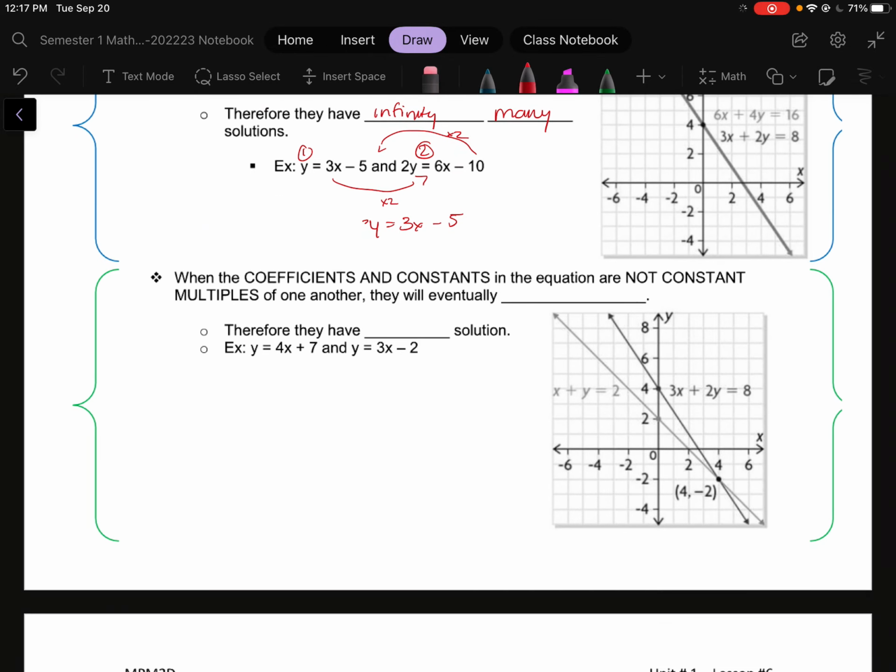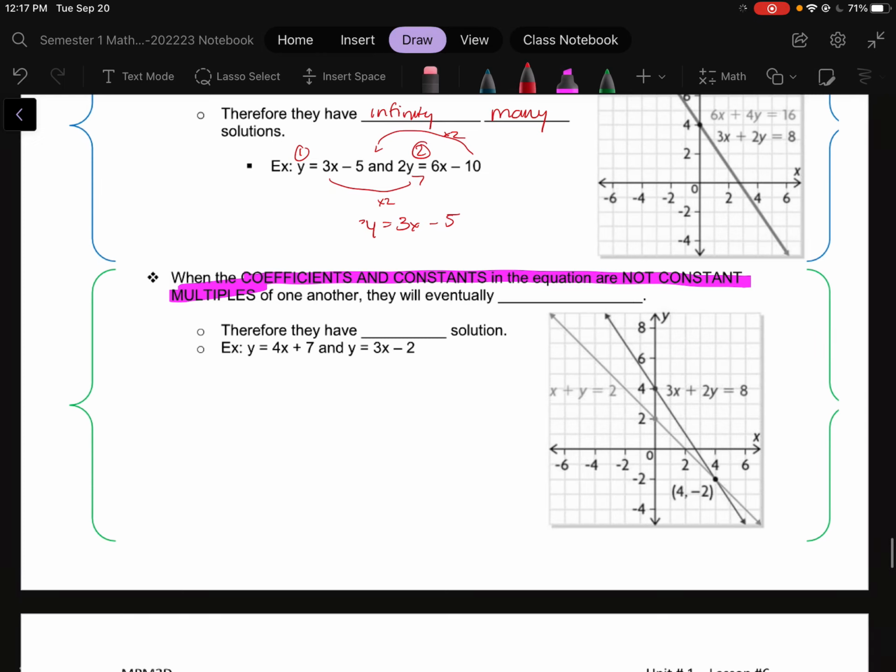Then our last point here: when the coefficients and constants in the equations are not constant multiples of one another, they will eventually intersect. This means they will have only one solution. For this point, they will have different slopes and they can have the same or different y-intercepts.